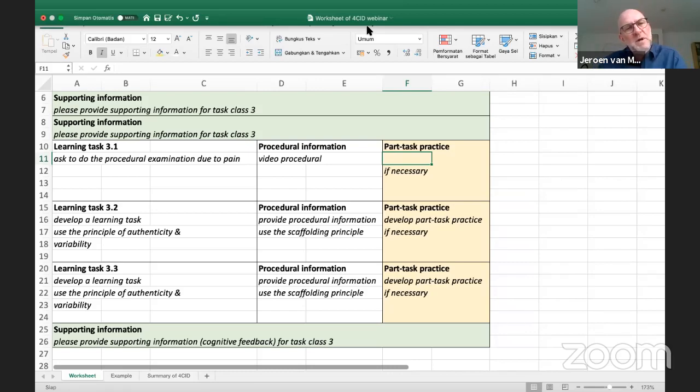Dr. Gusti, can you maybe explain why you think that the learning task you provided is more complex, more difficult than the ones that were in task class 1 and 2? Because that's one of the main ideas of increasing complexity. What makes your task more complex than the learning tasks in task class 1 and 2?